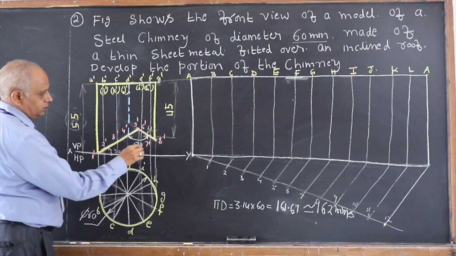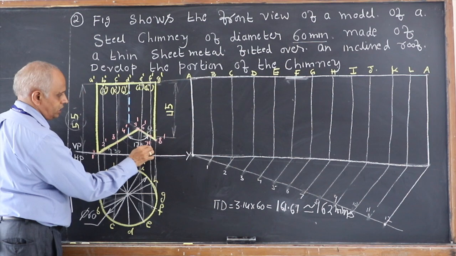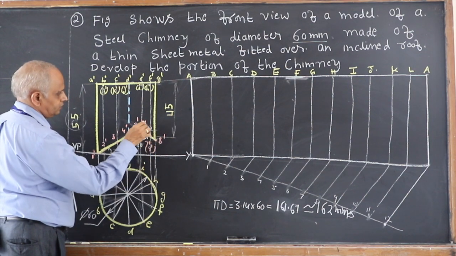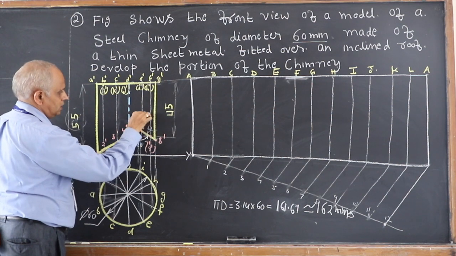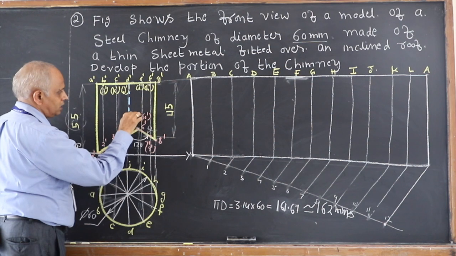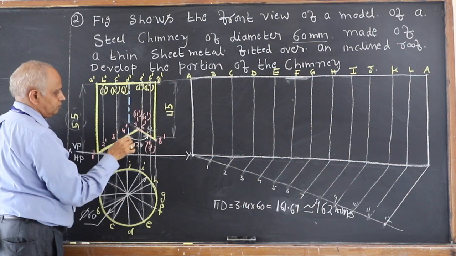Coming back, 7 dash, behind 7 dash is 9 dash, behind 6 is 10 dash, and remember here the junction of two section planes, one at the front and one at the back, so this should be 11 dash.